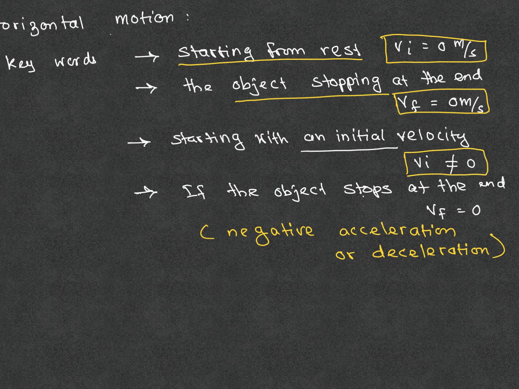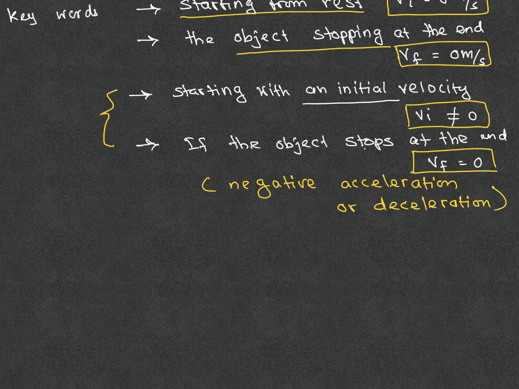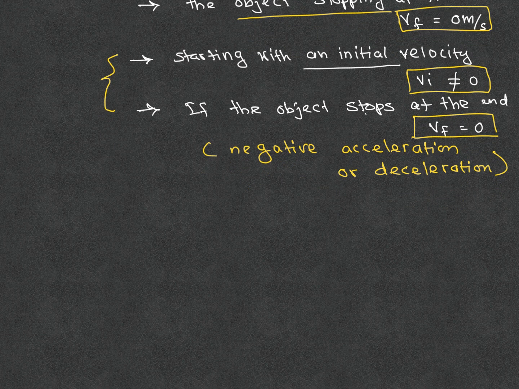If you take this as a pair, starting with a certain initial velocity and then the object stops at the end, then we know that the object is decelerating. And if you are to plot the graph corresponding to that motion, you will have something like this. Assuming that the deceleration is constant, we have v meter per second on the y-axis and the time seconds on the x-axis.